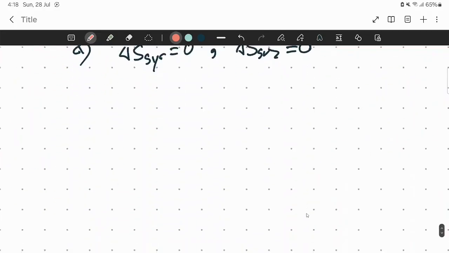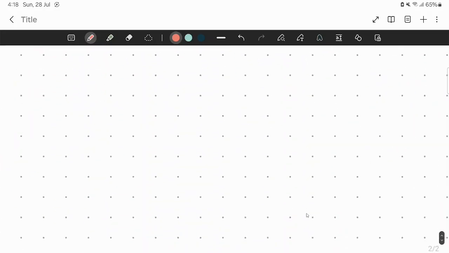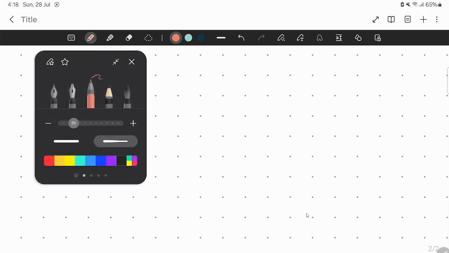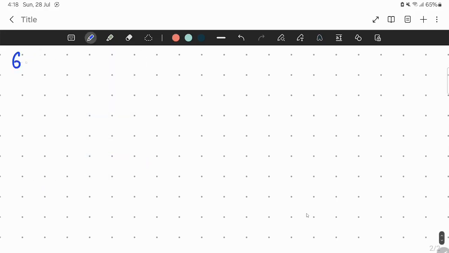This is question number 5. First I want to discuss this question, which is a little bit of a theoretical question, but after that I will discuss a numerical exercise as well.